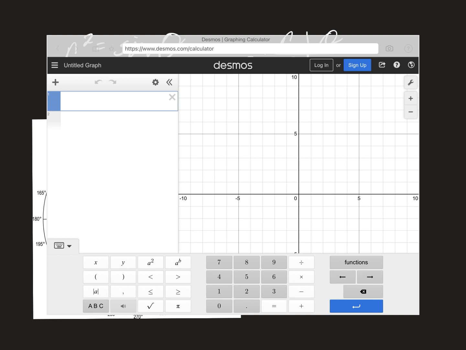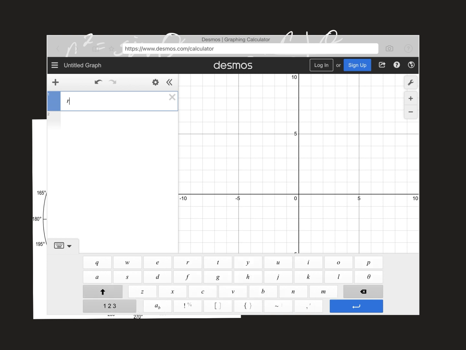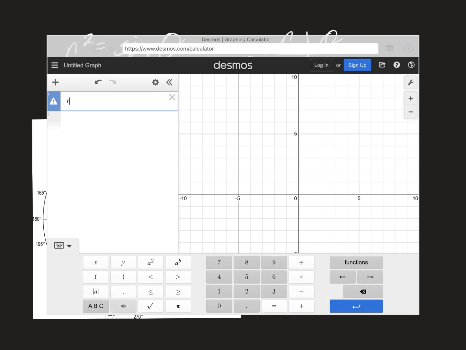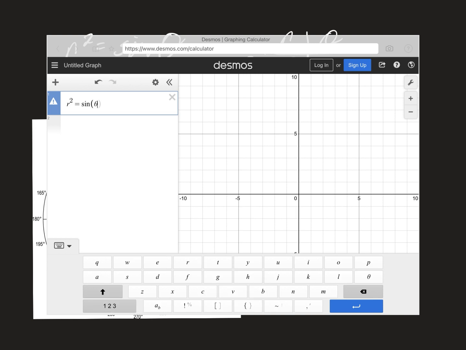And so it's r squared equals sine theta. So let's try and do that. r squared equals sine theta. And now we've got everything we need.